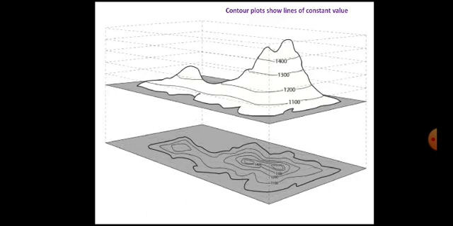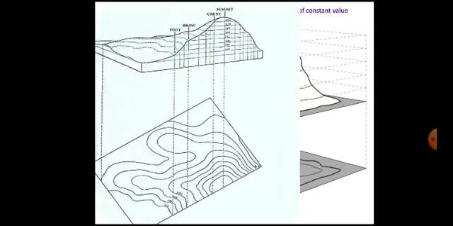This is how this three-dimensional picture can be represented in the form of a two-dimensional picture. This is the idea regarding how contour plots or topographical plots are drawn.